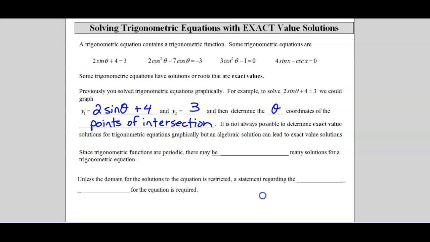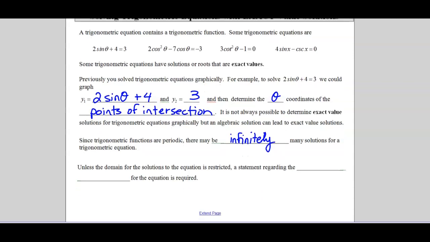It says since trig functions are periodic, there may be infinitely many solutions. It's cyclic. So there might be infinitely many solutions for a trig equation. So in some cases, we're going to need to give the general solution, not just for a certain interval.